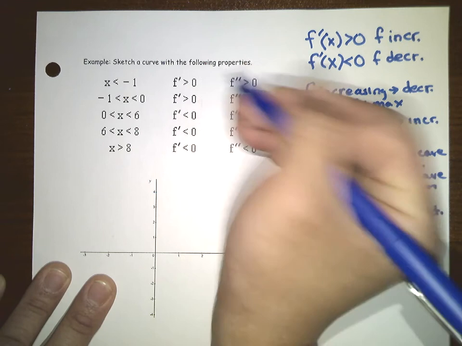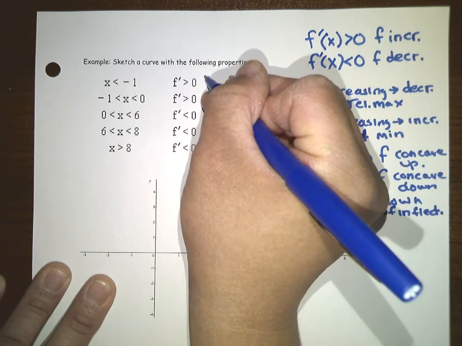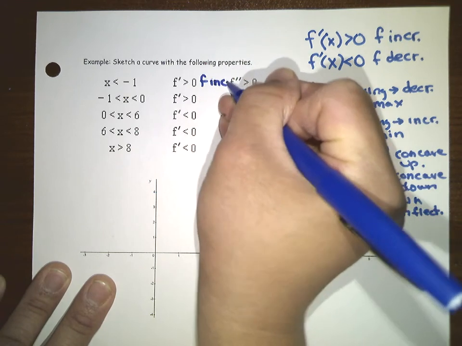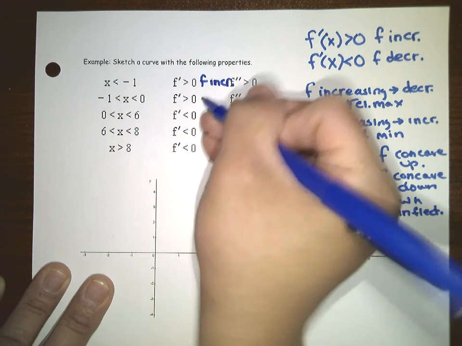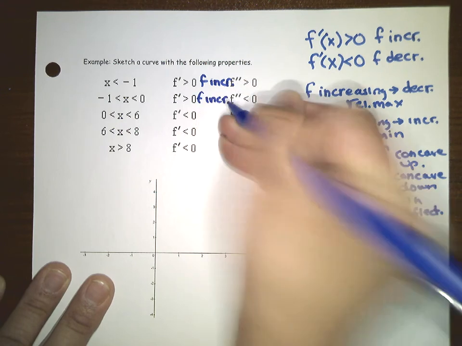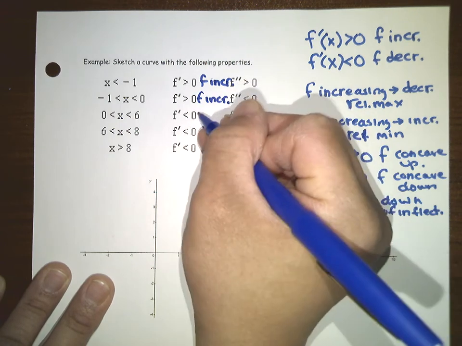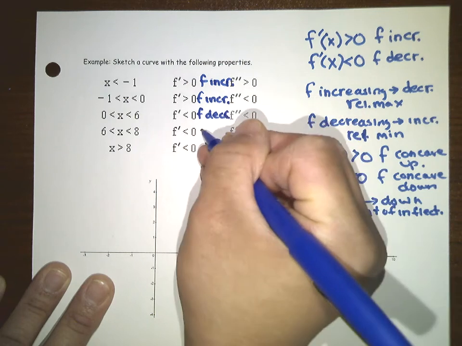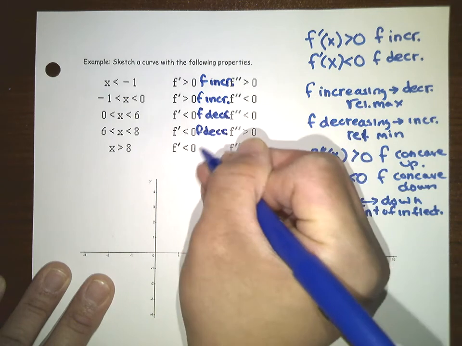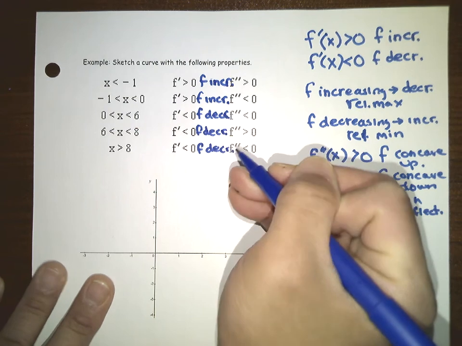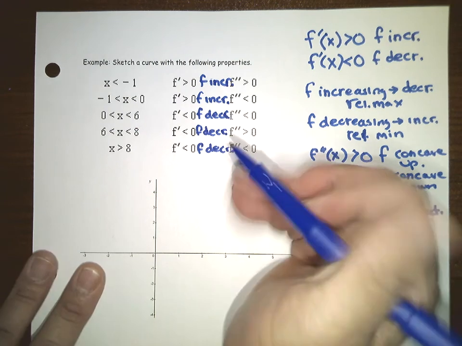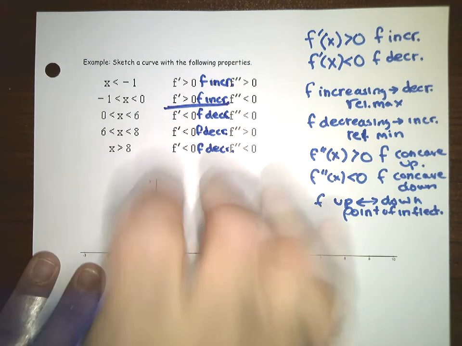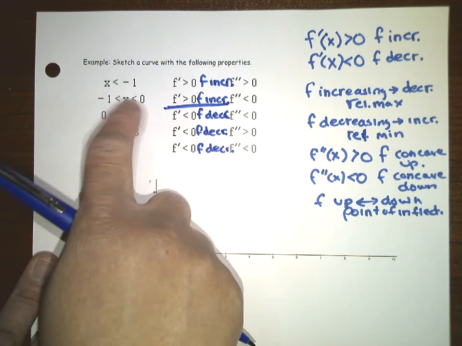So f is increasing. Then f prime greater than 0, f increasing. F prime less than 0, that means f is decreasing. And then you see the rest of these are f decreasing. So this means that the change here came between this interval and this interval.